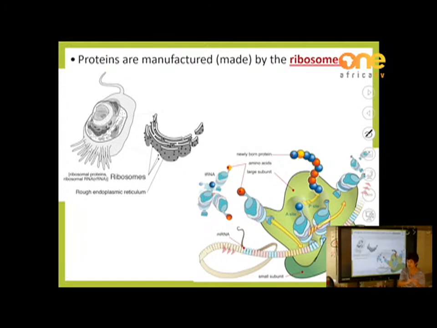The proteins that we have eaten will be digested, and I will have lots of amino acids in my blood. Now the ribosomes will have the job to assemble them into the correct proteins. Where do I find ribosomes? On the rough endoplasmic reticulum, and also lying free in the cytoplasm.